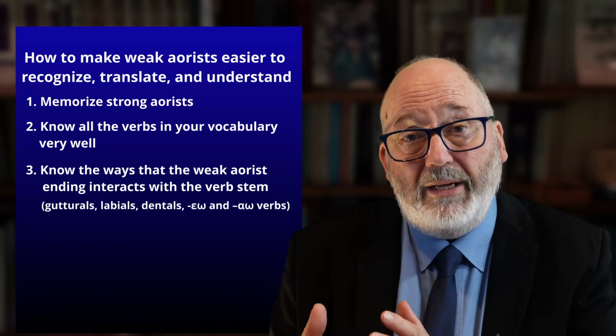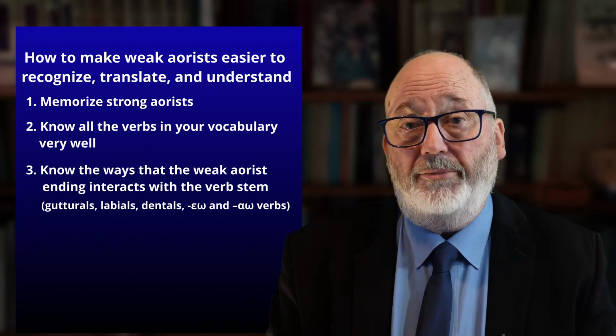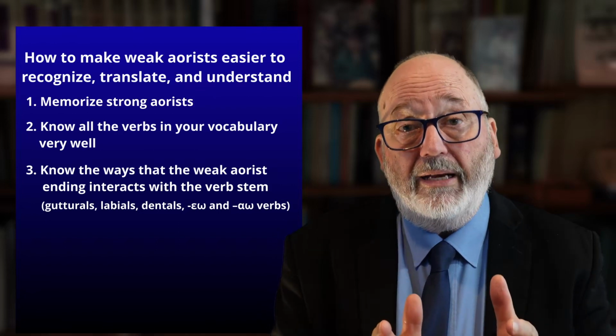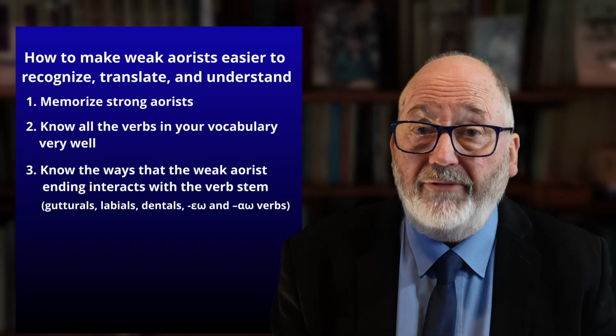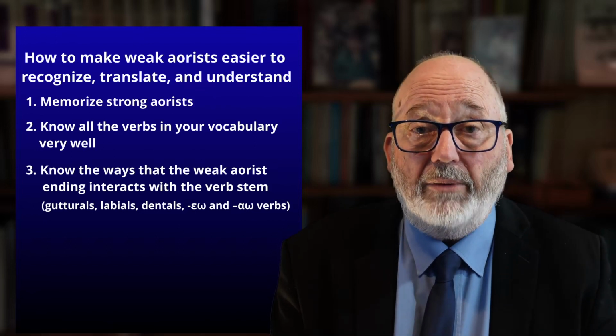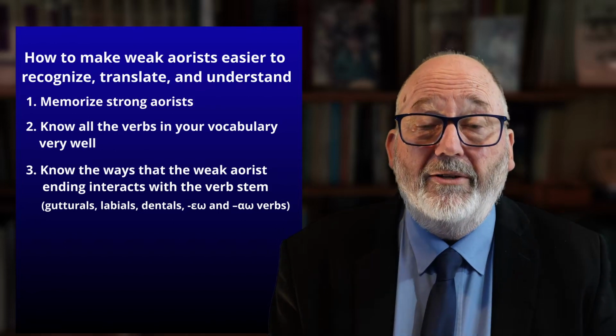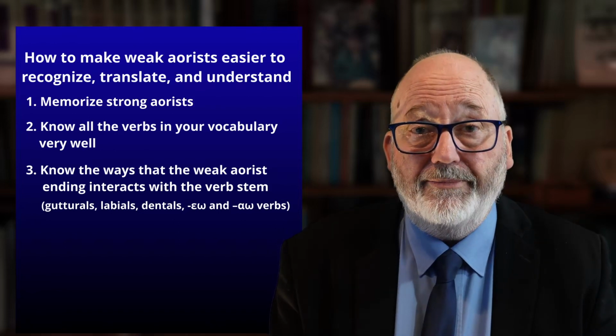We have the sigma on eo and ao verbs doing predictable things. And we have an e added to the beginning unless the verb stem begins with a vowel, in which case the vowel will lengthen. Knowing the vocabulary well will help you recognize these.